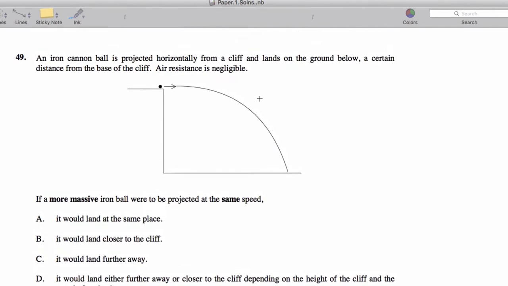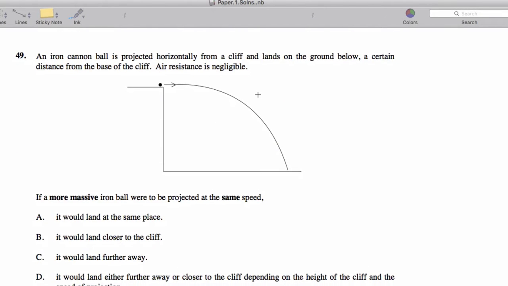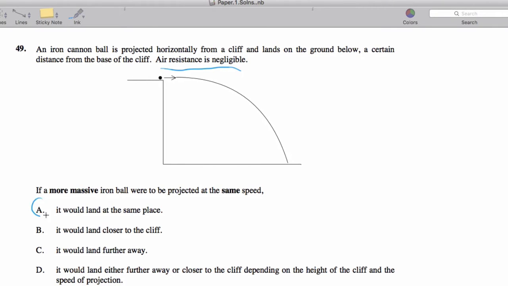Let's see, next one. An iron cannonball is projected horizontally from a cliff. We're going to neglect air resistance. Now, if you replace this with a more massive object, but you can ignore air resistance, it's going to land in the same place.